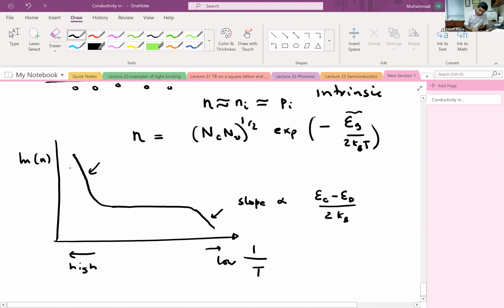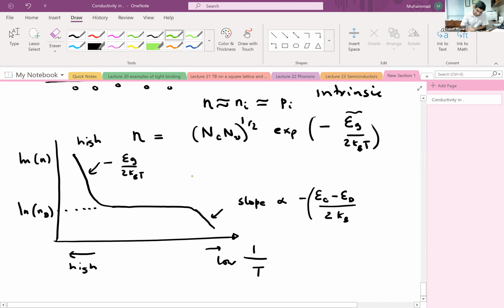Here the slope is going to be, with a minus sign, a negative slope, minus Eg over 2 kBT. So this is the higher, steeper slope, and that is the gradual slope. And in between, the carrier concentration remains fixed at Nd.